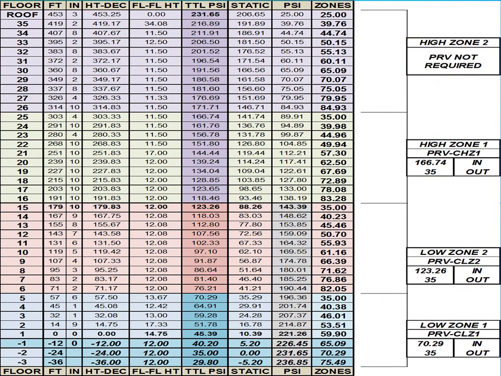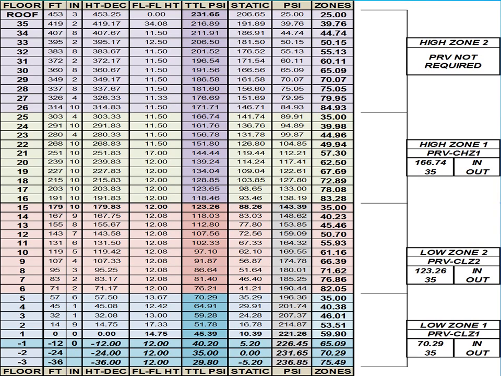So here you can see with the high zone that a PRV is not required. And then we see, well, in this case, we have four zones. I named them high zone 2, high zone 1, low zone 2, and low zone 1.